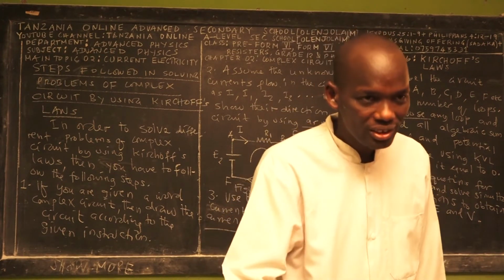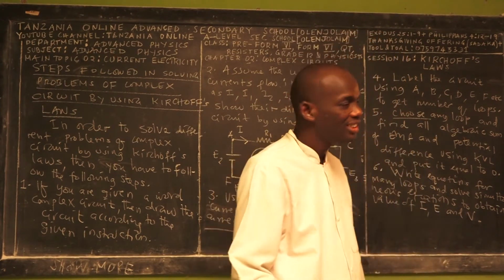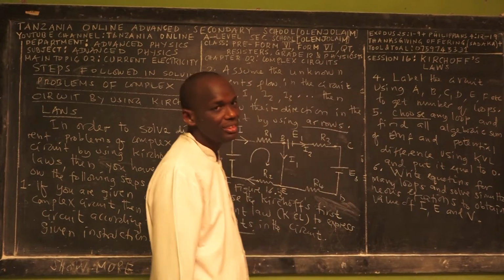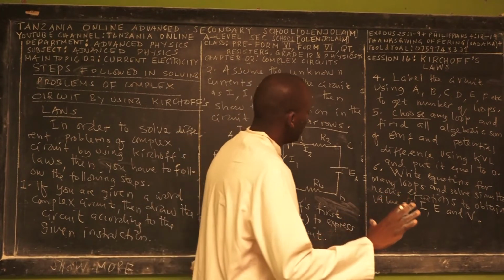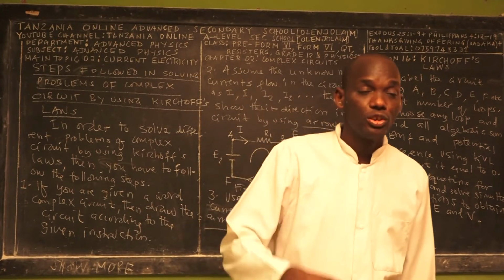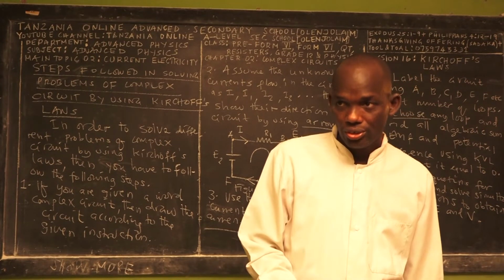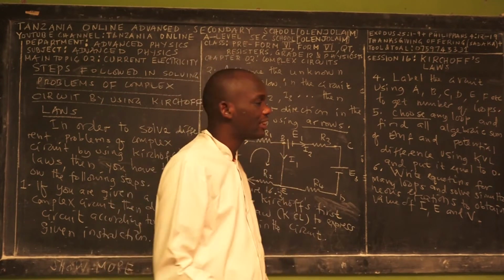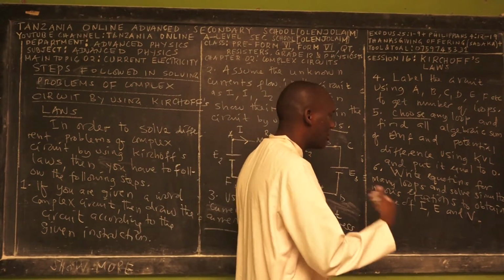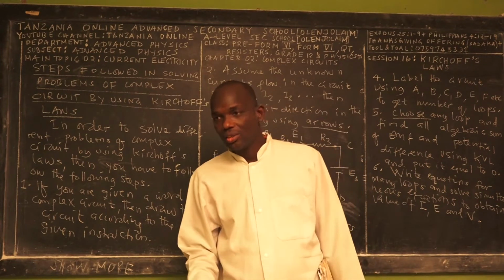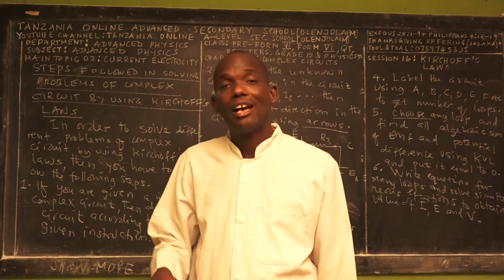Would you like me to repeat, for your benefit? I know they are saying no. I say, in the sixth step, you have to write equations of different loops, and it depends on the circuit you've been given. Some circuits can have 2 loops, some at least 3 loops, some 4 loops, some 5 loops, some 6 loops.